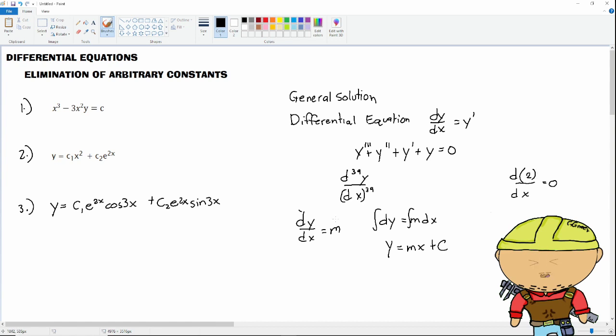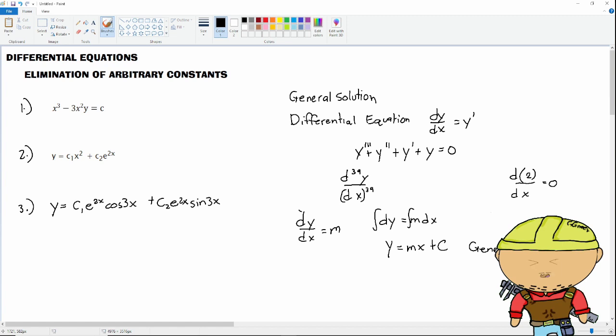When we integrate a differential equation, we now call this a general solution. General solutions are basically equations or solutions that describe or satisfy the differential equation.